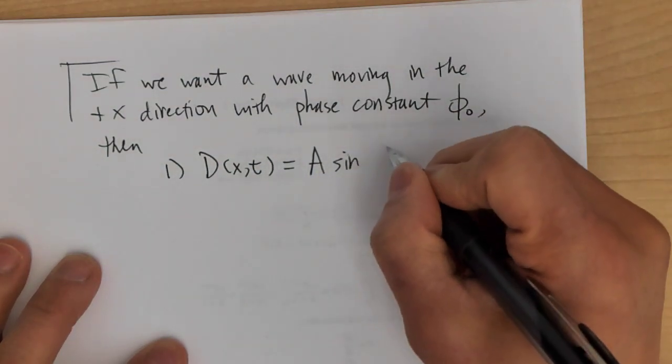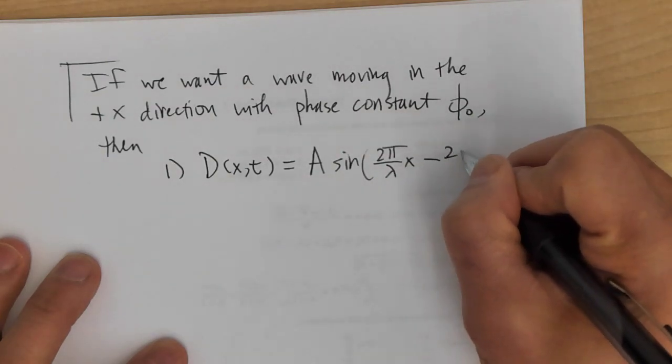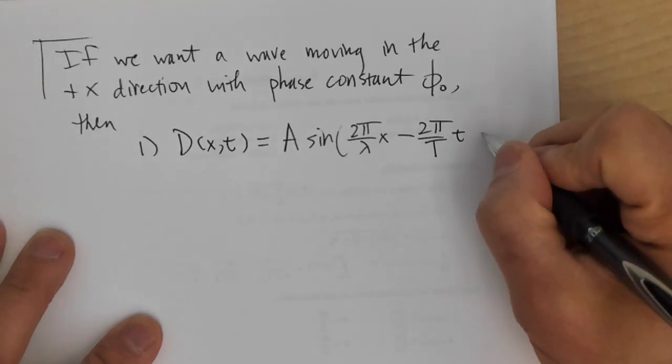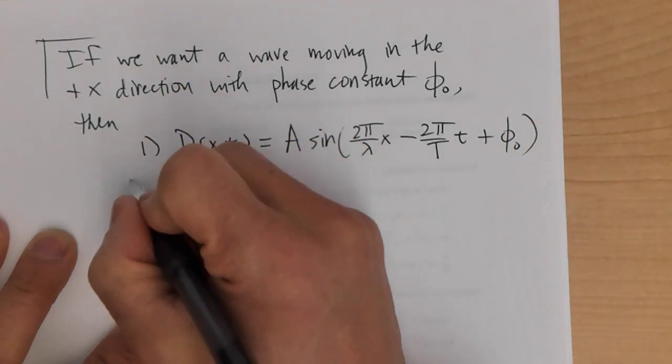We have A sine of 2 pi over lambda x minus 2 pi over T times t plus phi 0, just tacked on the end here.